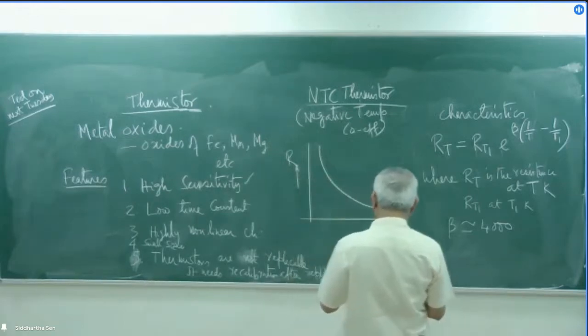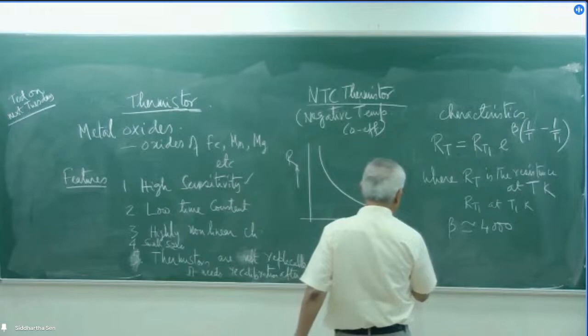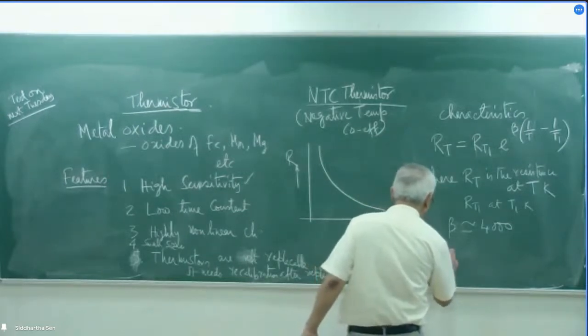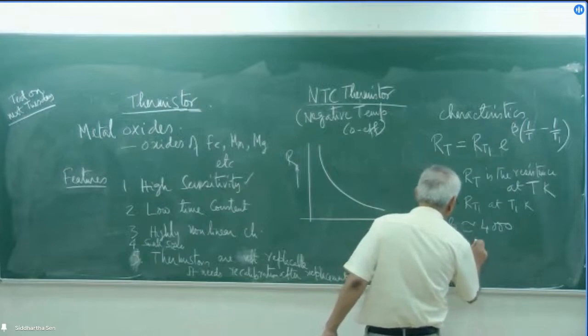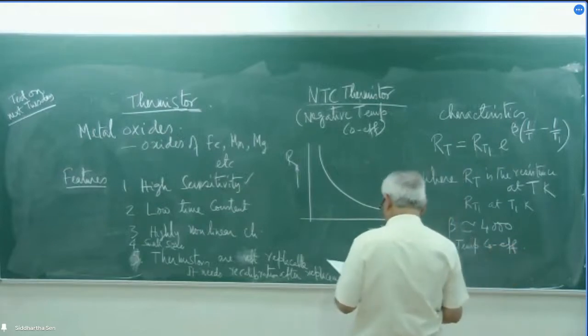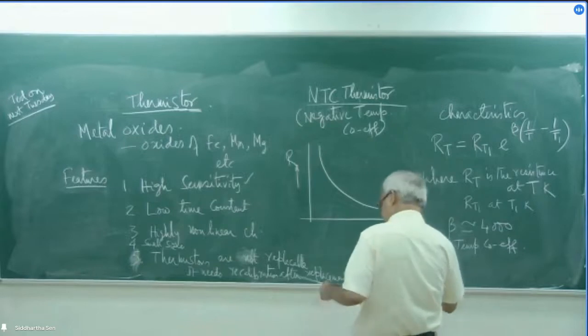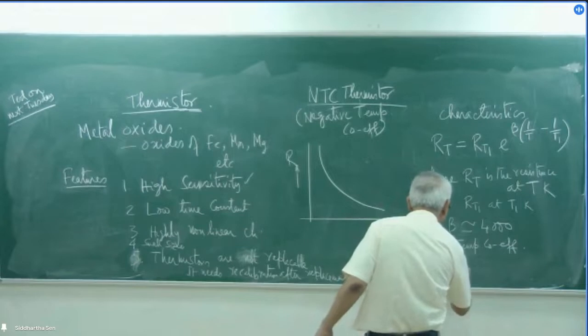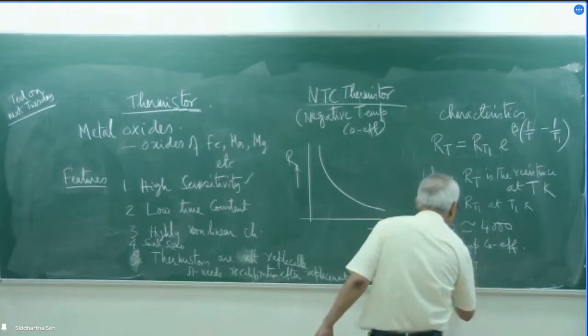And in this case also, if we express it in terms of resistance temperature coefficient, alpha is equal to dRT/dT by RT.